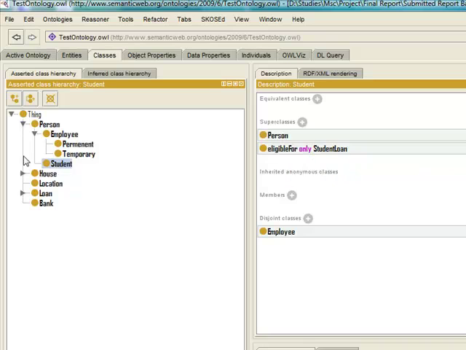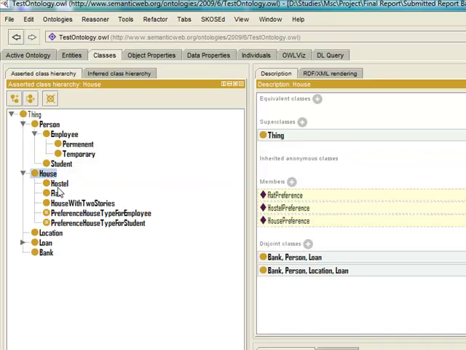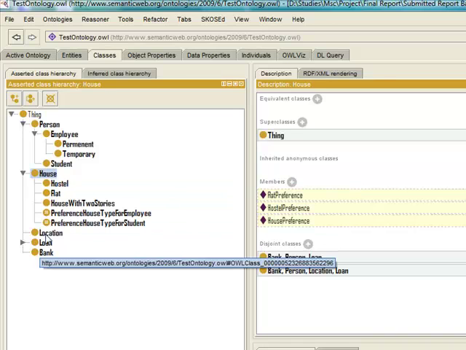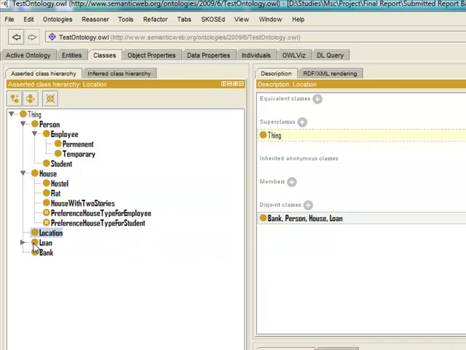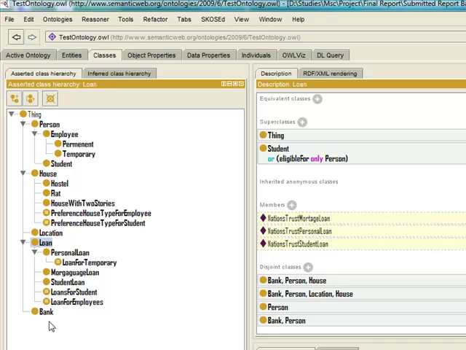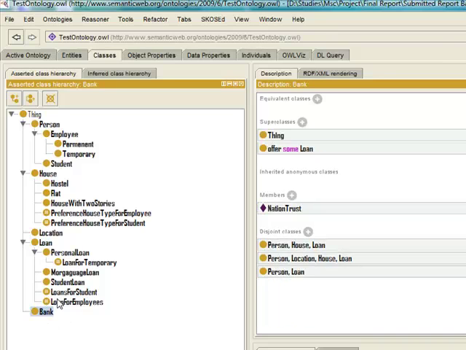Concepts like house, hostel, and flat are defined, and two stories is a subtype of the house concept. A location concept is defined, a loan concept is defined, and bank is defined.